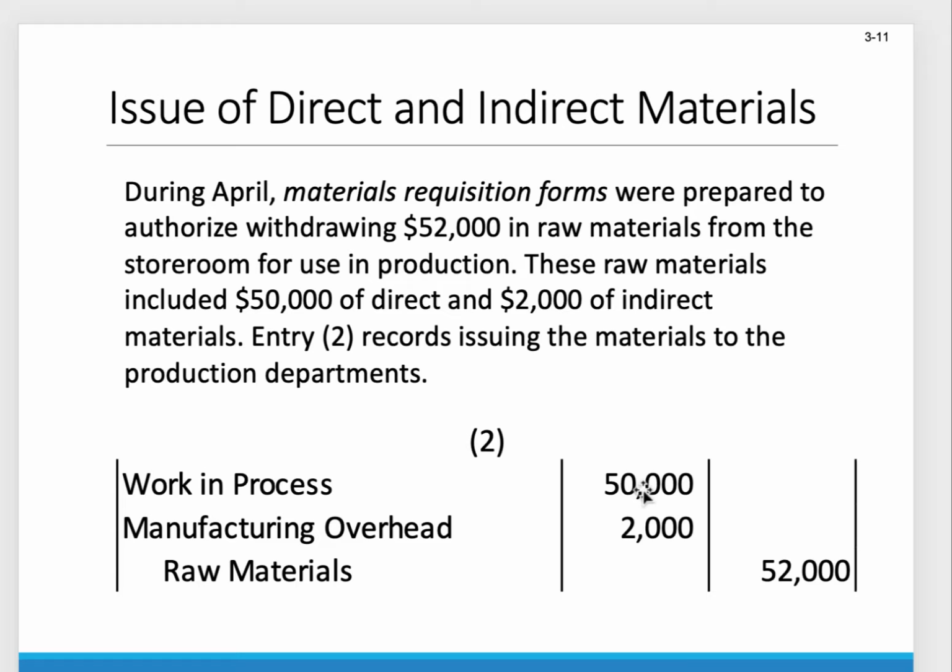What's key to understanding here is manufacturing overhead holds all the indirect costs. All the indirect costs are held in manufacturing overhead. What we apply is on the right side. What we actually incur is on the left side. So because we're actually incurring $2,000 of indirect costs, we have a debit entry, which is the left side here.